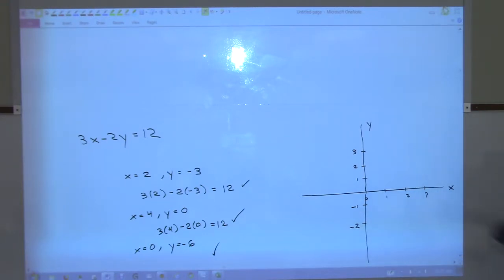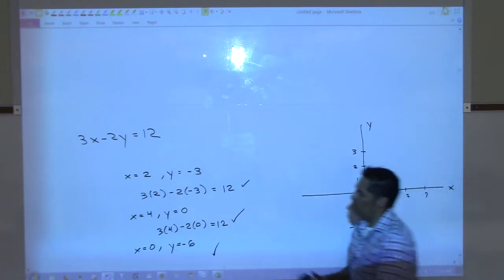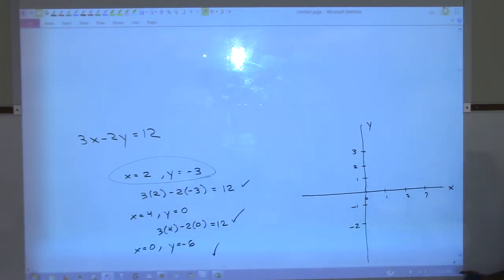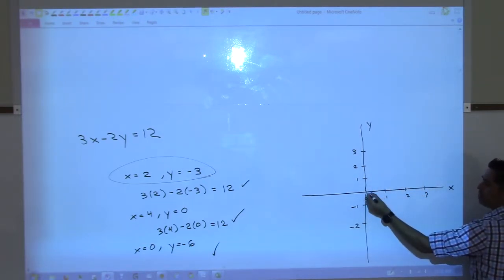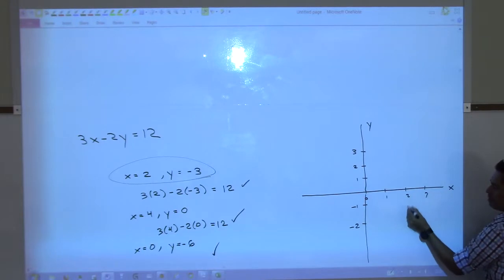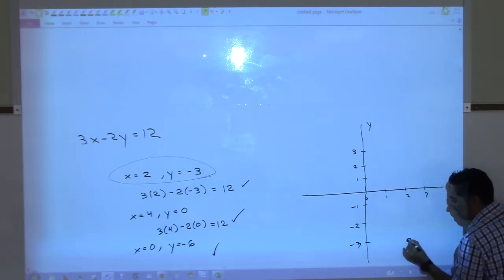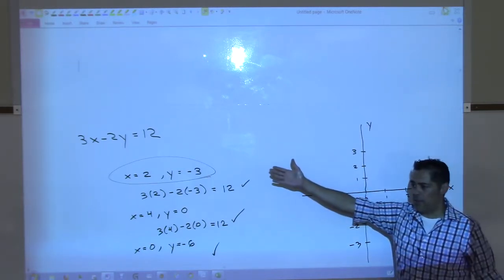So when we draw two axes, one representing our x and our y, then when we come here to our first solution, 2, -3, what we're saying is, to visualize that answer, we let our x be 2, so we go out 2, and then we go down 1, 2, 3, and we put a dot here, right? And this dot represents one of the infinitely many solutions to that equation.